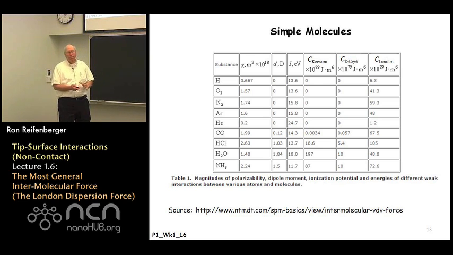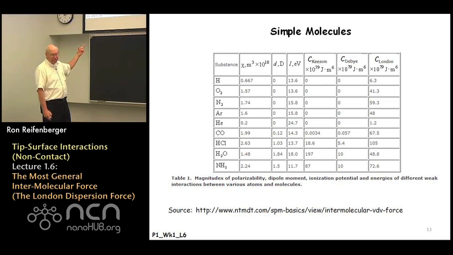I have a couple of tables here that just provide you with some numbers. These are tables that I found in the literature. I've referenced my sources in all cases, and it just gives you a sense of how big the Keesom, Debye, and London interaction forces are, one with respect to another, for a variety of simple atoms and molecules.